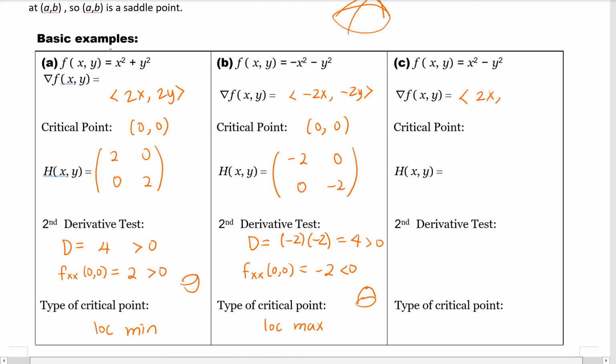So this is 2x, minus 2y, and when you set it equal to zero, you have x is 0, y is 0, and then the derivative of 2x with respect to x is 2, the derivative of 2x with respect to y is 0, the derivative of negative 2y with respect to y is negative 2, while D is then 2 times negative 2, which is minus 4. Negative. Okay, then we know in some directions concave up, in some other directions concave down, so this is a saddle point.